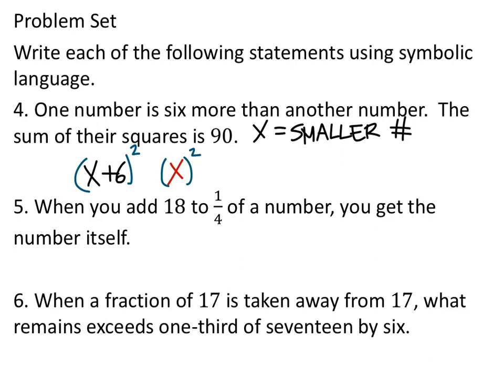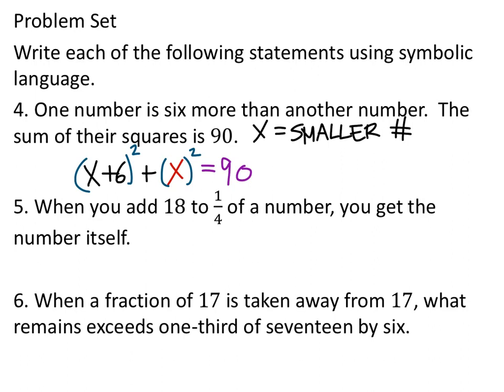And it said it's the sum, so I'm going to add those together, and then that sum is 90. So this would be the equation for it. Be careful, some people in the other classes were getting the square mixed up with the square root. It's not a radical, it's just a straight square.